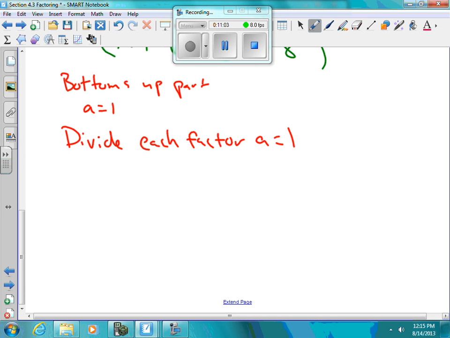So what we do is we write out the expression that we just found, x plus 6 and x plus 8. And we divide 6 and we divide 8 by 1. We notice 6 divided by 1 is 6, so we just leave it.